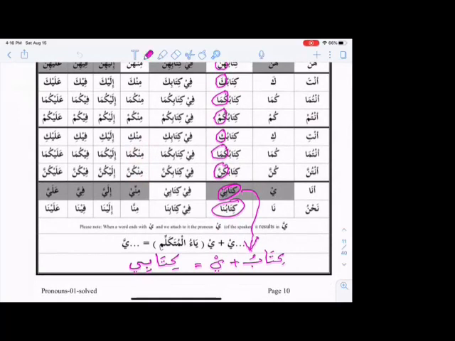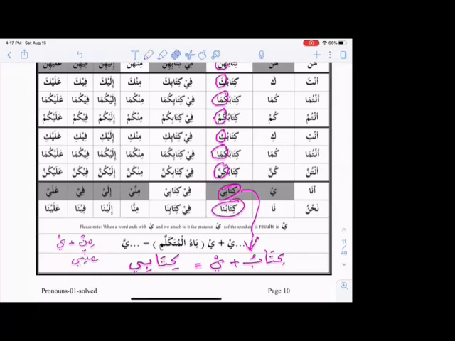Let me write it down. Min, and then ya. Ya will always, this is a sukun here. No, this is a ya. So it becomes minni, because it makes it majroor. Min, ni, minni.